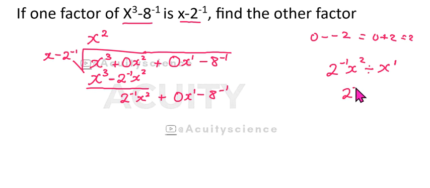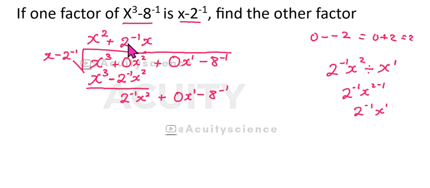So we'll have 2 raised to power minus 1, x raised to power 2 minus 1, which is 2 raised to power minus 1, x raised to power 1, the same thing as x.